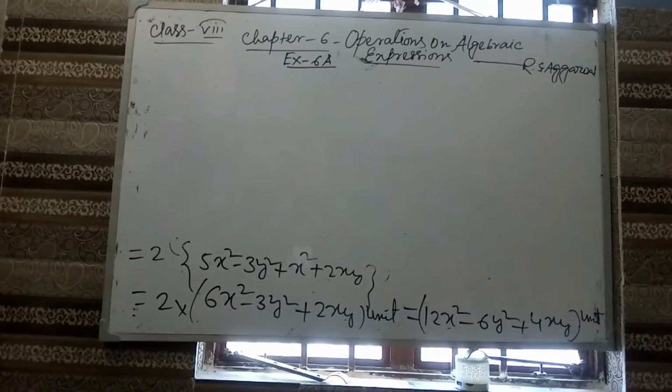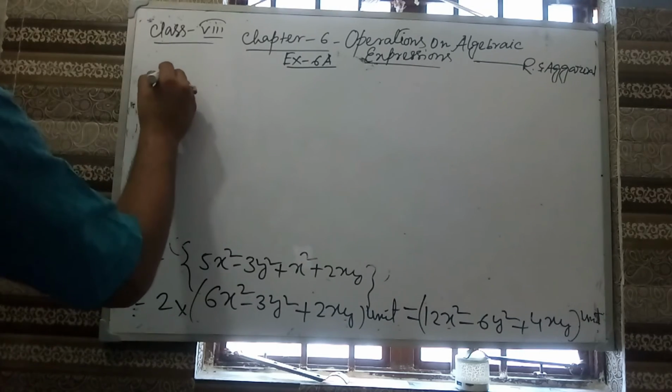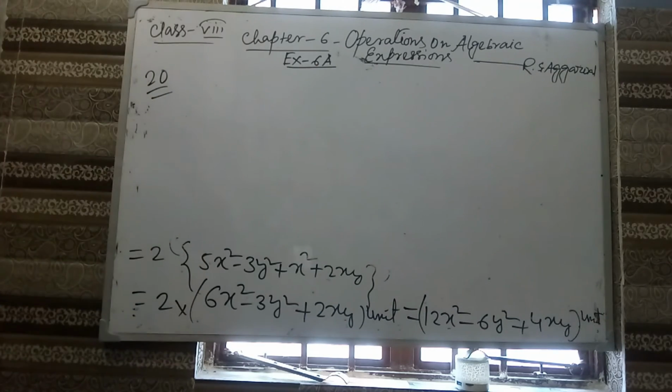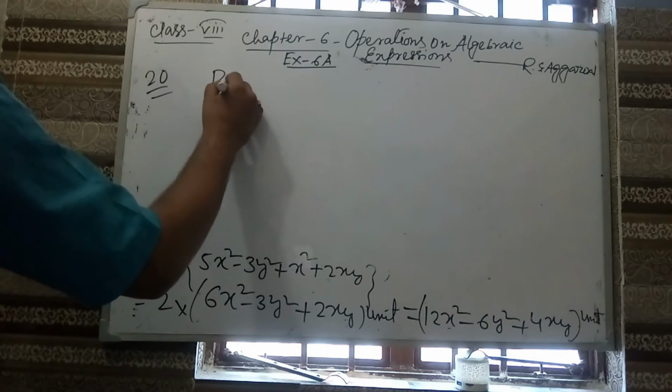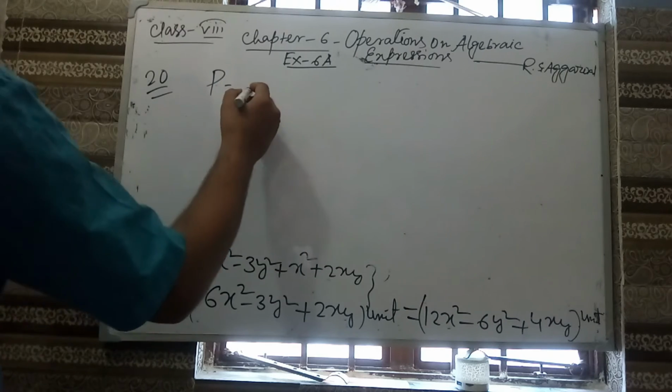Now our next sum is question number 20. This is the last sum of this exercise, exercise 6A. Read it carefully. The perimeter of a triangle is 6p square, I am writing P for perimeter.